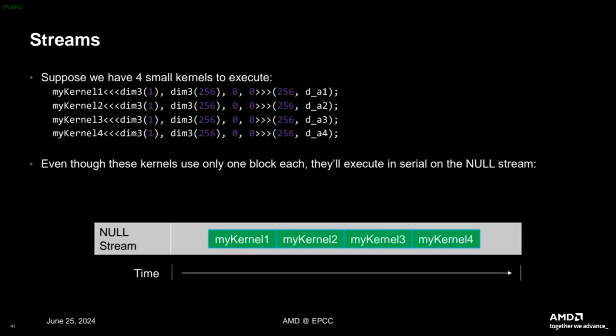So you can already guess that blocking calls will exist on the null stream. And for instance, here, just a visual example of what happens if you just put everything on the null stream. So here in the kernel, the last argument will be the stream ID. And here you're just launching 4 kernels sequentially, let's say, all of them on the null stream, and so they will just execute in order.